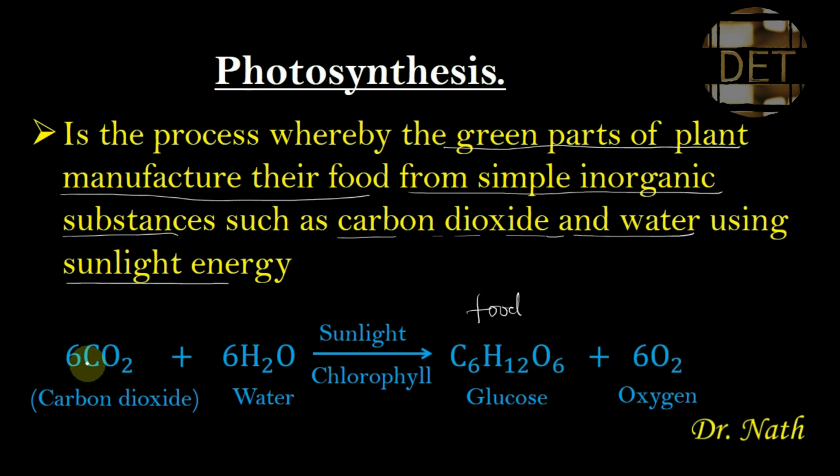So 6 molecules of carbon dioxide combine with 6 molecules of water using sunlight energy, and glucose is produced, with oxygen given off as a byproduct.